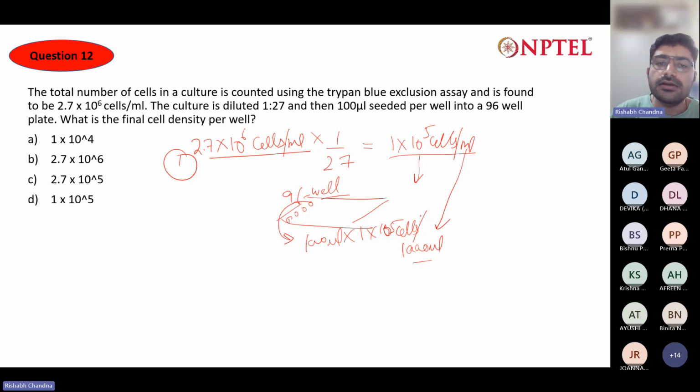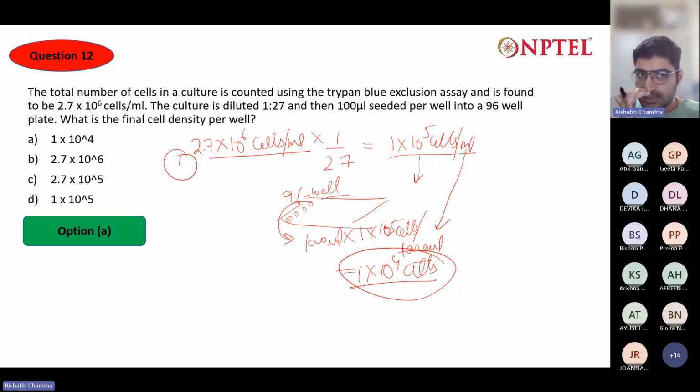When we calculate this from this particular equation, it comes out to be 1 into 10 to the power 4 cells in each well of the 96 well plate. So the answer is 10 to the power 4 cells in each well of the 96 well plate. Am I clear? Are there any doubts in this question?